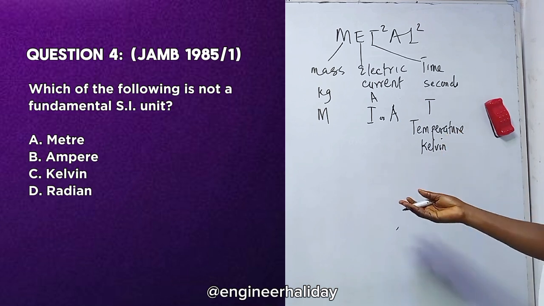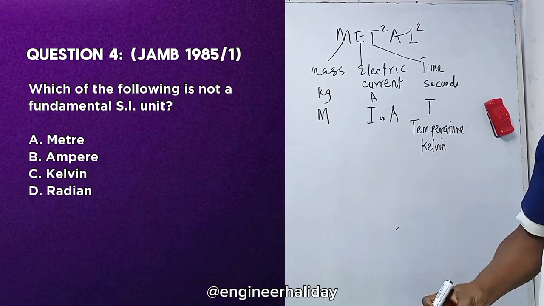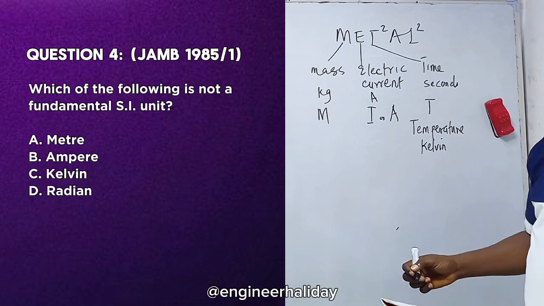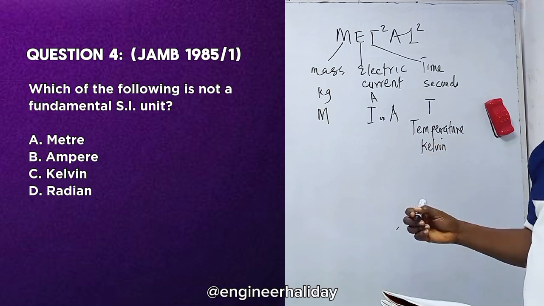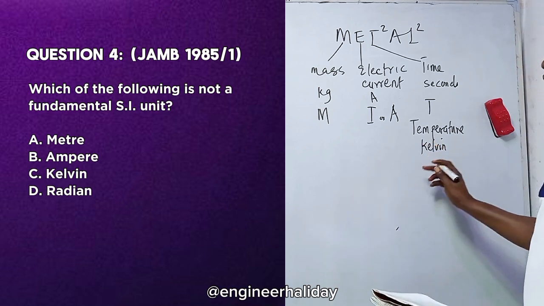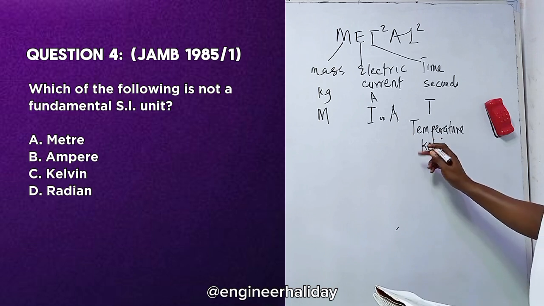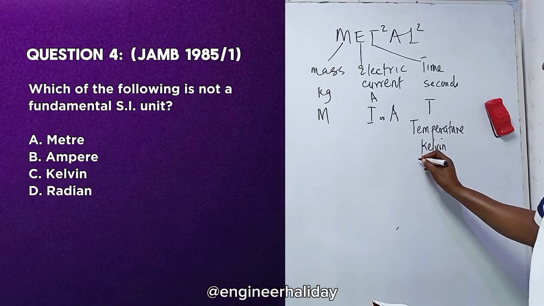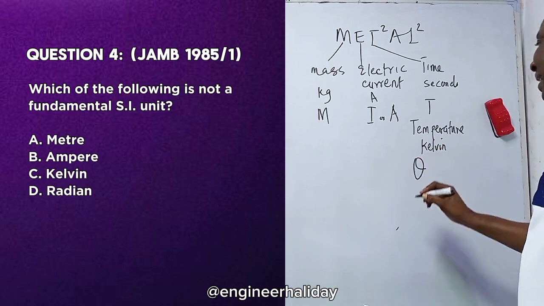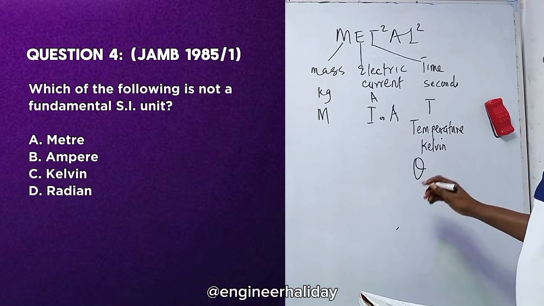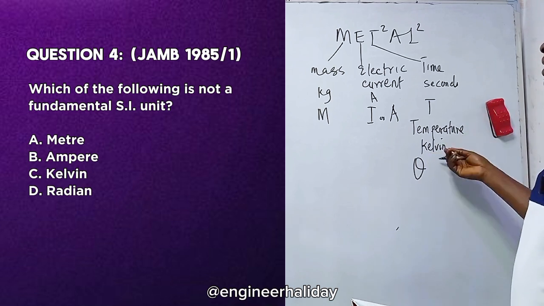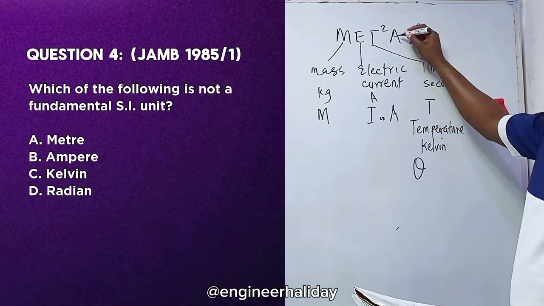Now, it's also measured in Celsius, but Celsius is not a fundamental SI unit of temperature. So in this case, we are going to have Kelvin as the fundamental scale, then theta as the dimension. Sometimes you see K, but theta is common.